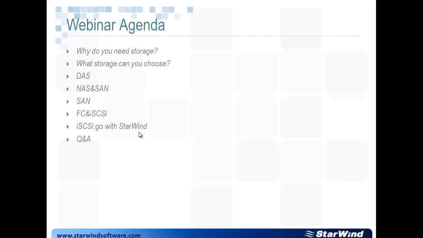First, let's, as usual, go quickly through today's agenda. I will briefly explain why you need storage. I mean, why a company needs storage. Then I will tell you about the options that you have when choosing the storage technology.